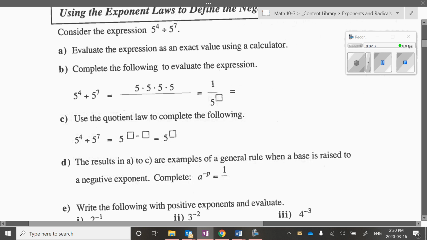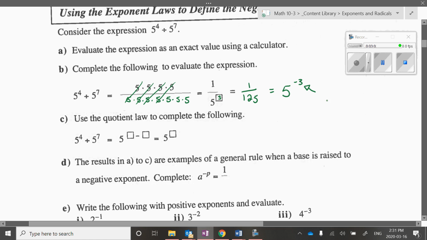So the next question says 5 to the power 4 divided by 5 to the power 7. If we were to write this one out, because remember, when in doubt, expand it out, I end up with 5 7s on my denominator. I can cancel them out, and I'm left with 3 on the bottom, so I can write it like that. 5 to the power 3 is 125, so this is 1 over 125. This would also be equivalent to 5 to the power of negative 3.